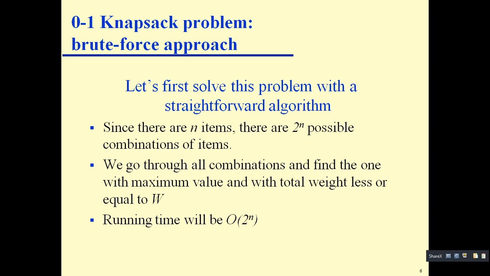Okay, so if there are n items, then applying the permutation concept, we will have 2 power n possible combinations, or 2 power n possible solutions, right? Out of those, we only select the one where the cost or the value is maximum, right? So we can say, applying this brute force approach, the time complexity or running time of the 0-1 knapsack algorithm is order of 2 power n, and this is an exponential time, right?